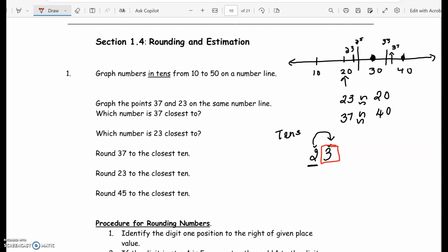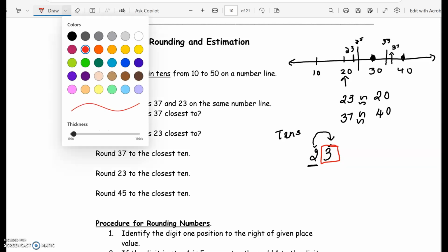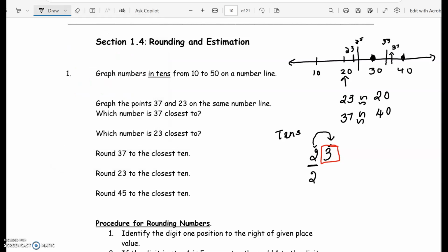Now 3 is less than 5. If it's less than 5, then we round down, which means we leave the 2 alone. The 3 becomes a 0 because we don't really care about the ones place because we are rounding to the tens. So when rounded to the tens place, 23 becomes a 20.